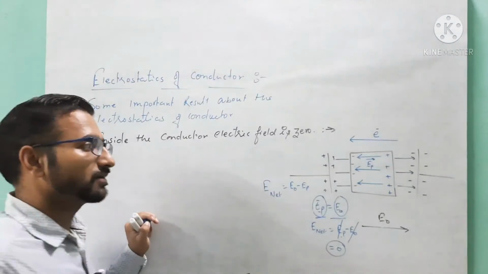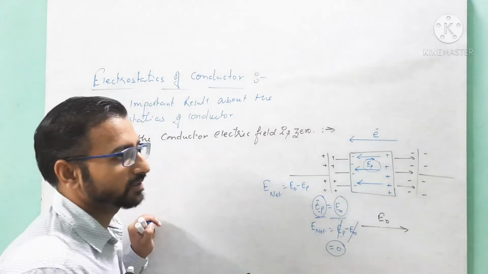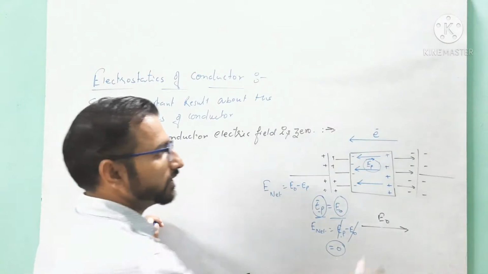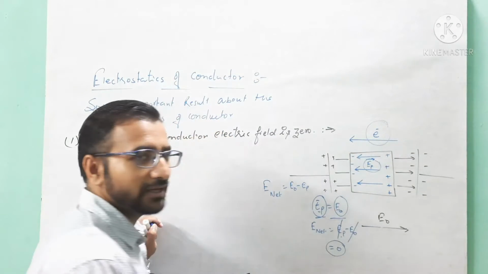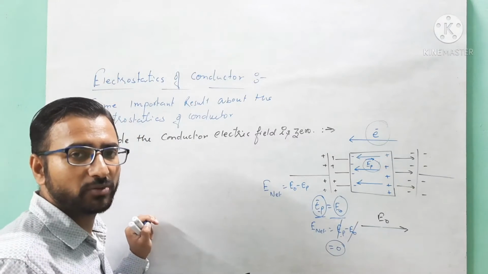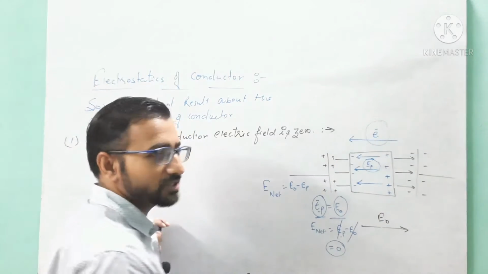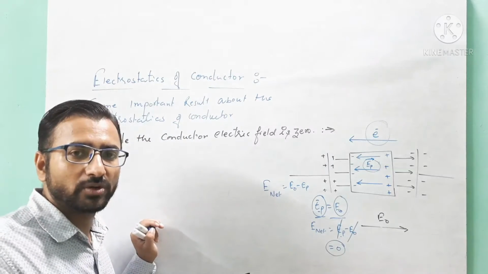And how does this happen? When the electric field EP is induced inside the conductor, it opposes the flow of electrons moving from negative to positive terminal, and as the value of EP increases, it opposes the flow of electrons much more.